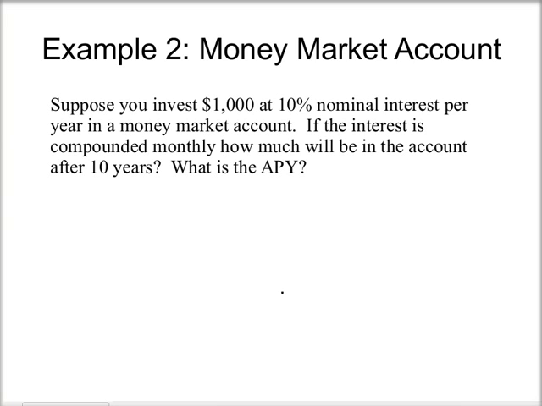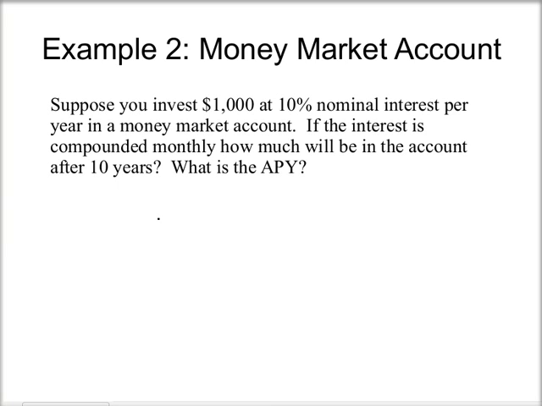Suppose you invest $1,000 at 10% nominal interest per year in a money market account. If the interest is compounded monthly, how much will be in the account after 10 years? And what is the APY? Well, first I want to find the amount that I'm going to have after 10 years.